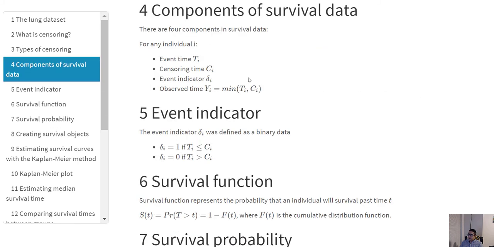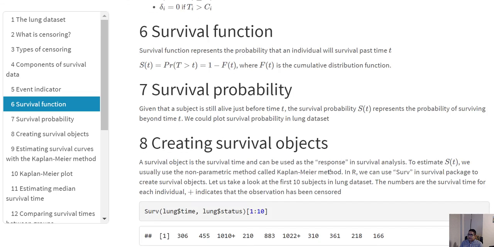So these are some of the notations that are commonly used within survival analysis, where these notations are then used to define the survival function, which is basically the probability that an individual will survive more than time t.